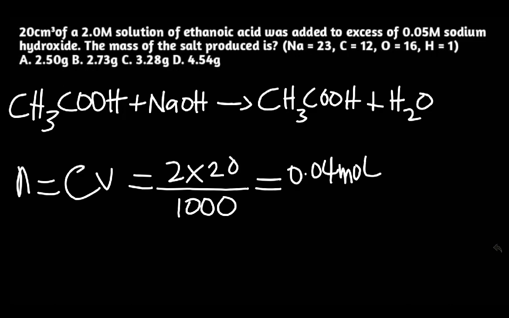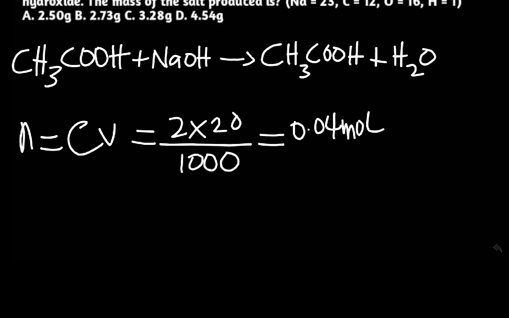Next, the second step, you need to solve for the molar mass of ethanoic acid. And in solving for the molar mass, our question is saying the mass of the salt produced, isn't it? So sodium ethanoate, that's what we are supposed to solve for now. So there is the salt produced from here. This is the salt. Okay, my bad. This place is supposed to be COONa, because this one now becomes a salt.